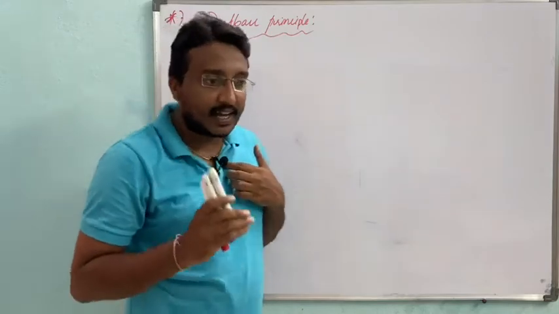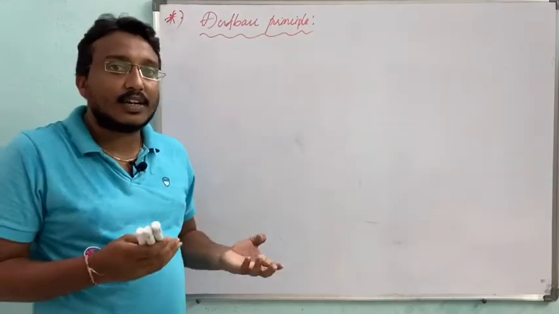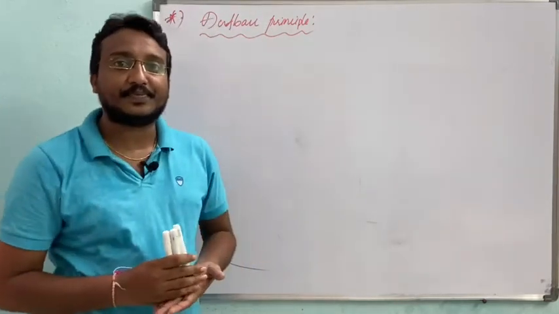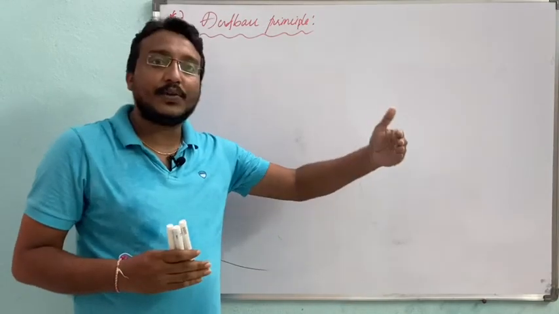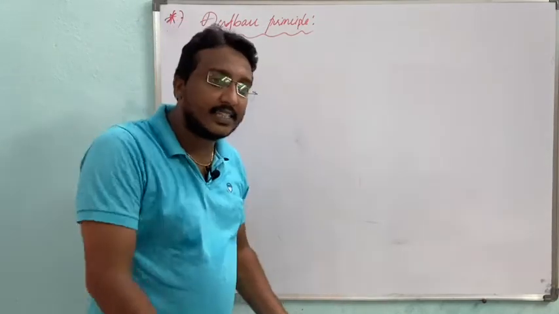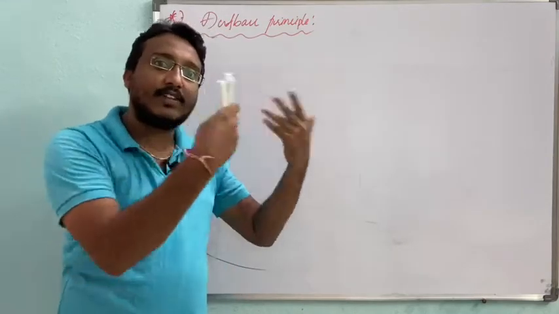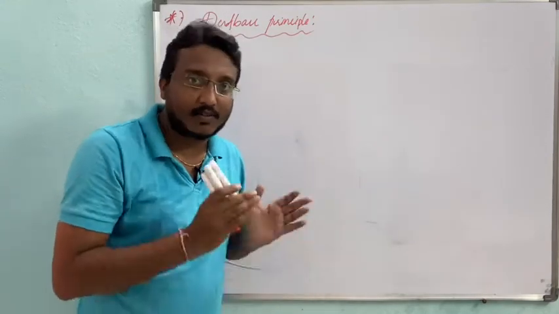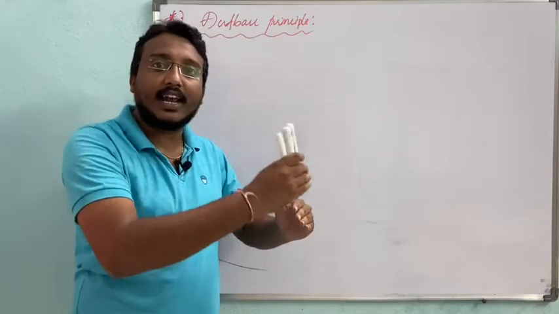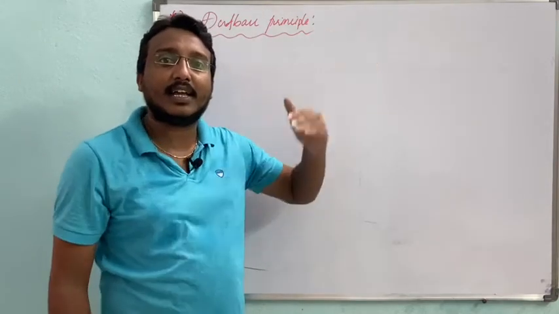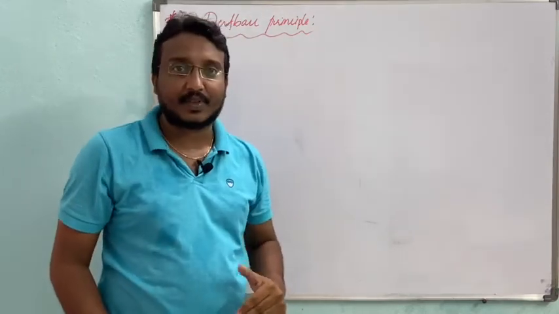That's why we join students first in nursery, then LKG, UKG, first class, second class, in increasing order. Or do we directly join them in 10th class? We start from nursery, LKG, UKG, first class, second class, that means increasing order of class.